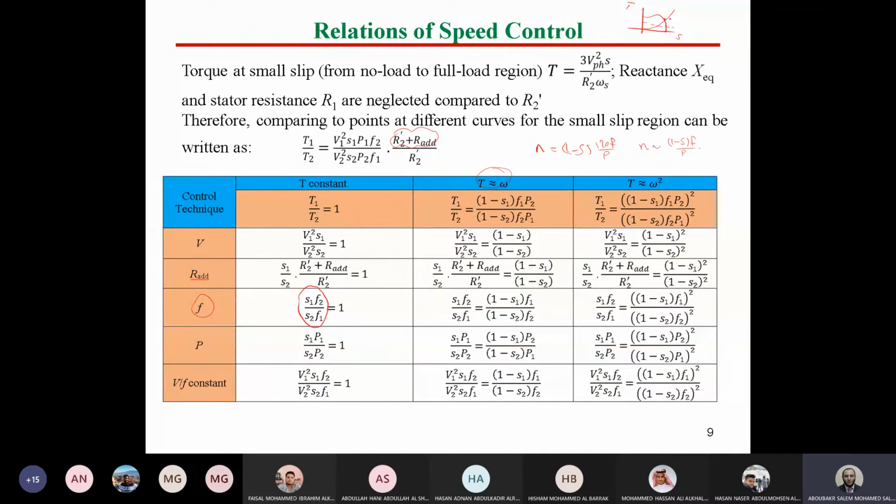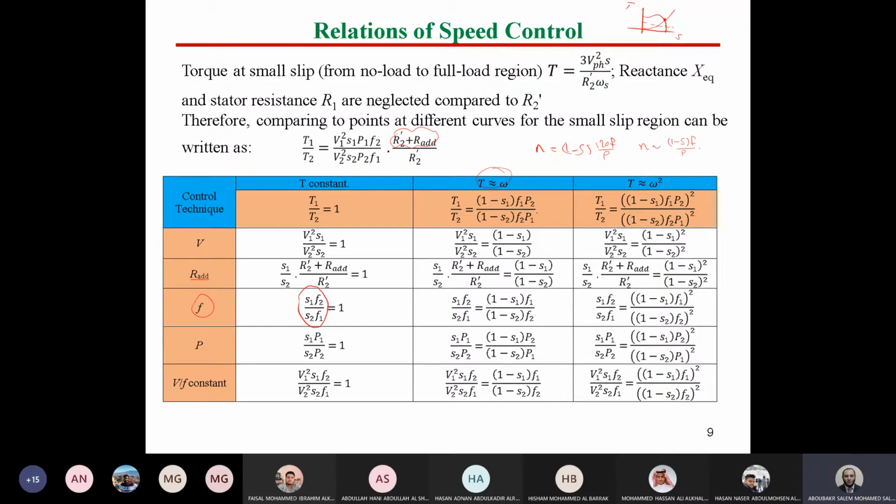Right? Of course we have only one load, it's not two loads, but I am just discussing if we have different load types. So if we have fan load like that, and this is the machine characteristic, the intersection point here will be the operating point. So this means if I have the relation of T for the machine and equalize it to the torque speed characteristic of the load, this is going to give me the operating point. This is what we are going to do here.